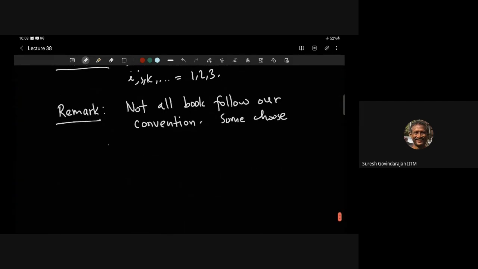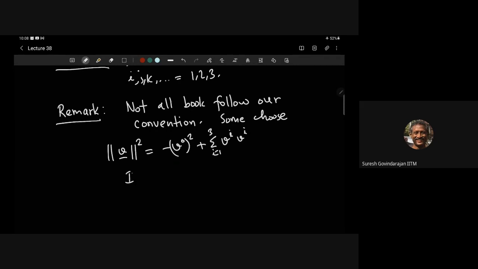Some books choose the norm of V bar square equal to minus V0 square plus the spatial components squared.